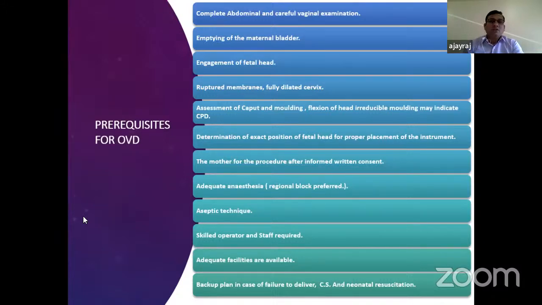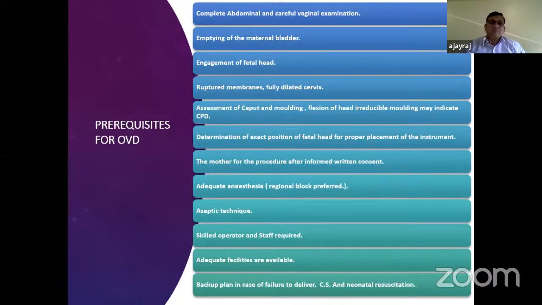Whether the membranes are present or ruptured, that is also important. Emptying of the maternal bladder. If the maternal bladder is not empty, then it may be harmful for the bladder and it may cause bladder injury, or it may lead to various kinds of fistula, that is vesicovaginal fistula.